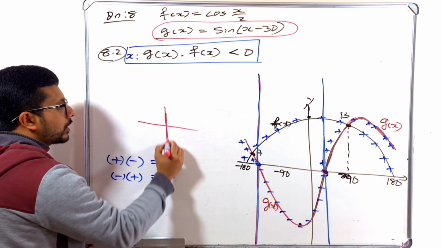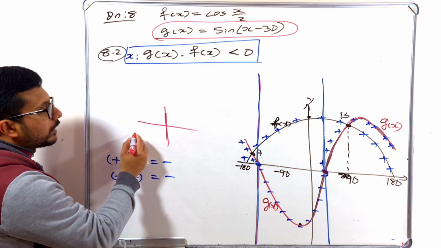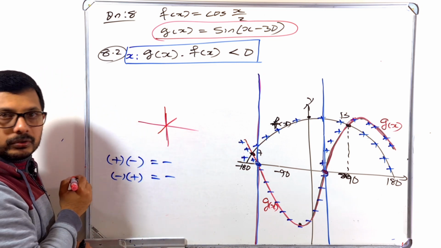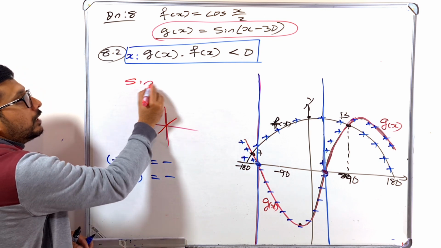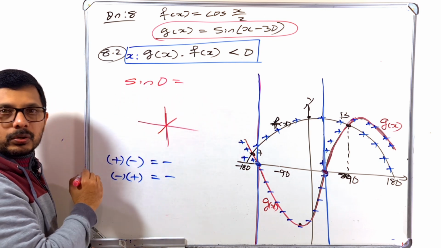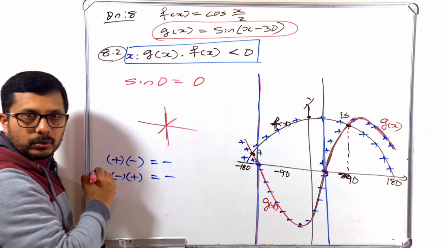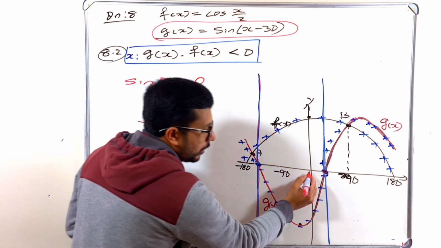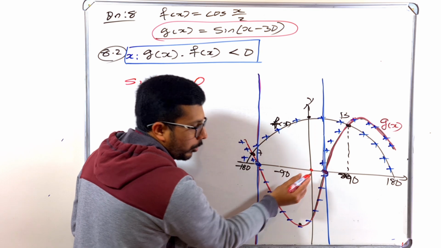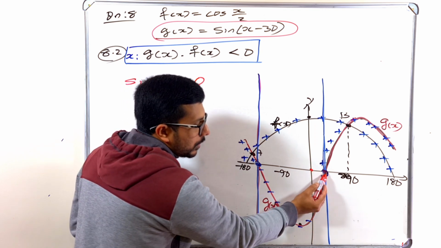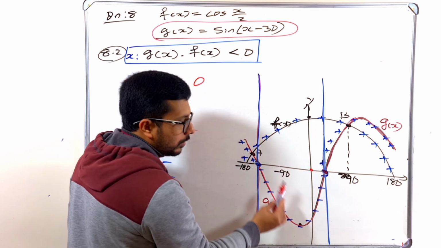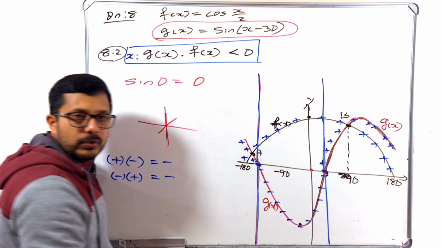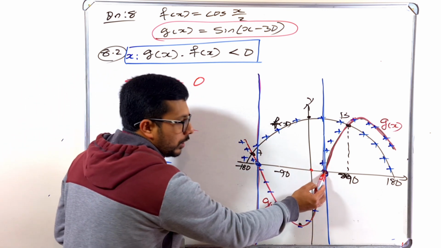If this is a sine graph, it is supposed to pass through 0. Do you know why? Because sine 0 is 0. It is supposed to pass through this point, but in this graph it is passing through this point.